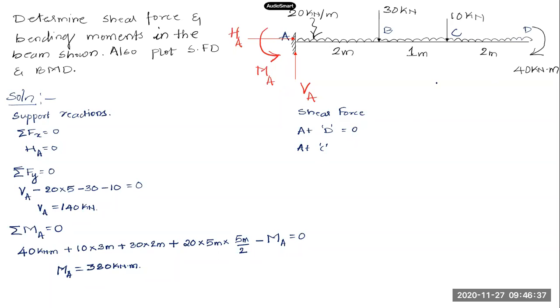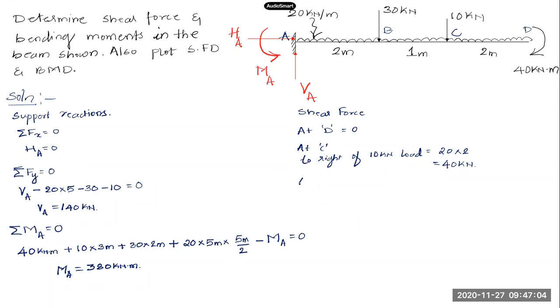This 20 kilonewton per meter into 2 meter. To the right side of this 10 kilonewton load, it is 20 into 2, which is equal to 40 kilonewtons.